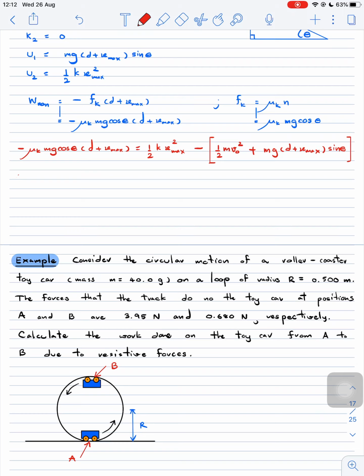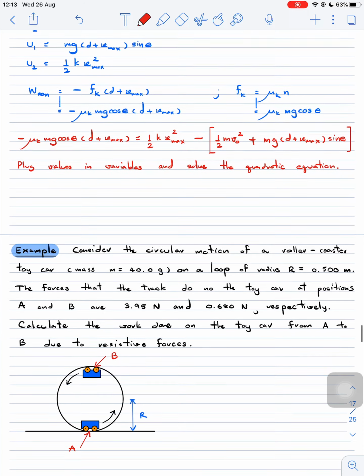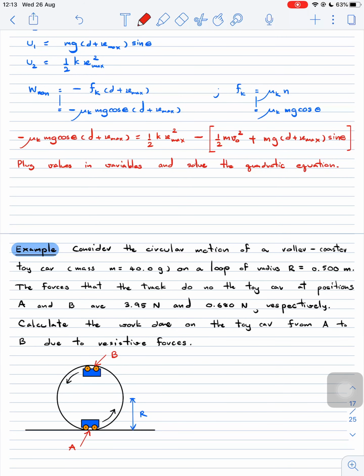You just plug the values in the variables and solve the quadratic equation.